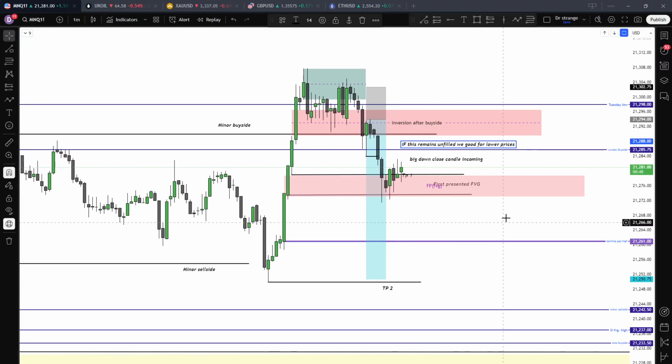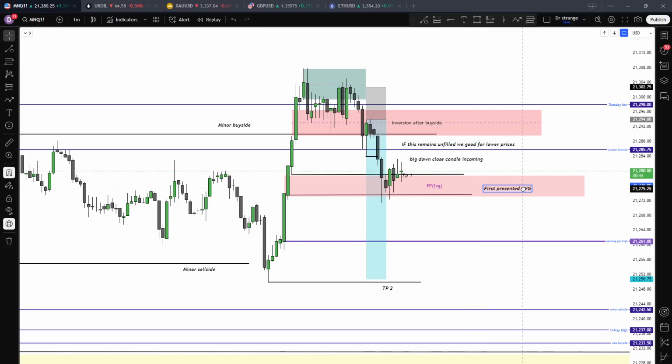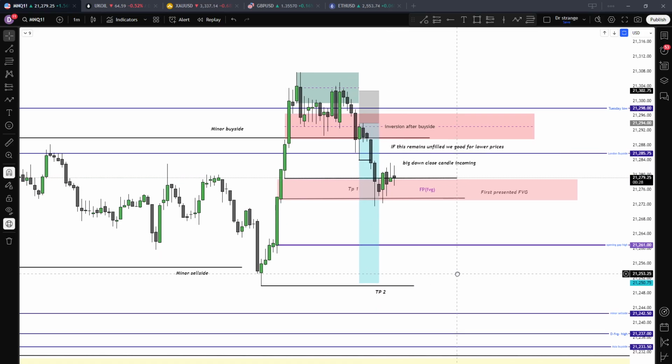So we want to see this. We want this part to remain unfilled. I told you that's where the breakaway gap happened. TP1 was at this inversion. TP2 is right down here.